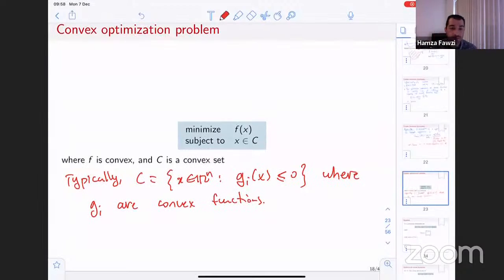So C is given in terms of a set of inequalities, and each inequality is given by a convex function. This describes a convex set. What is highlighted in blue here is the geometric way: I just want my set C to be a convex set, and that's the general definition of a convex optimization problem.